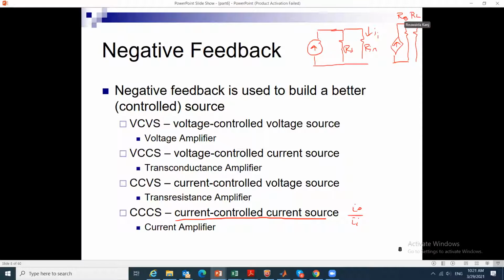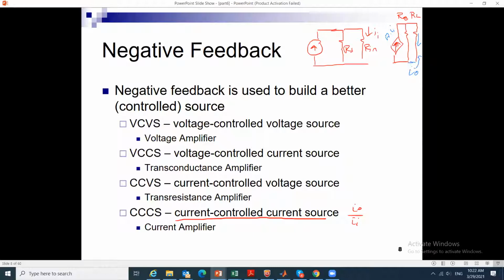So this will be A times IN, and then I will measure I out. In this resistor we measure IO, the current flowing in the output and the load resistor.